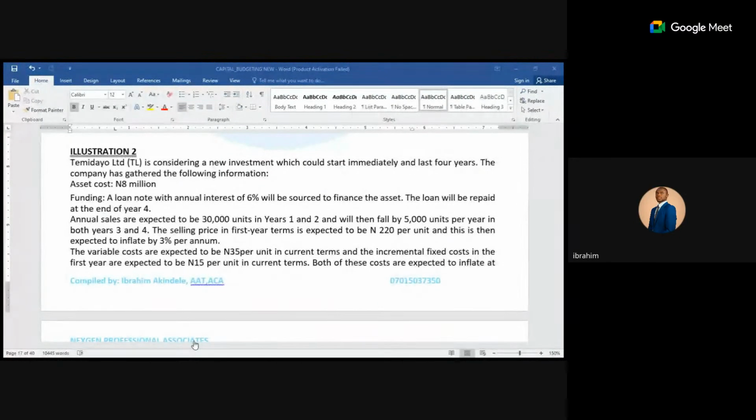Remember that anything that has to do with finance, this is not adjusted present value. This is NPV that makes use of cash flow.